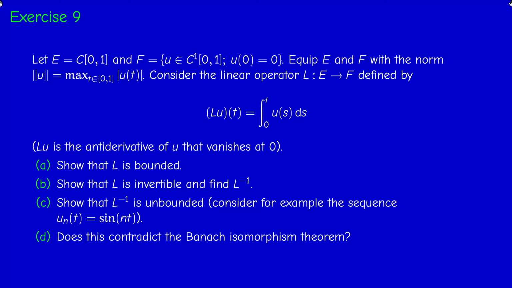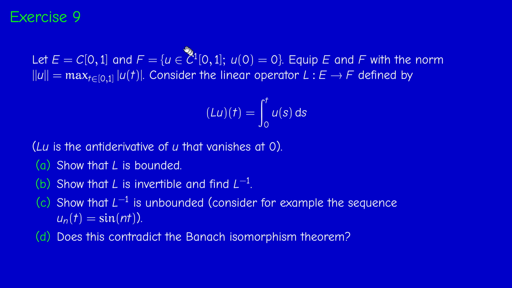Second exercise, exercise 9, is a little bit easier and more concrete. Here we take specific normed spaces. We take the space of all continuous functions from 0, 1 to R, denoted by E, and I equip it with the supremum norm, or the maximum norm, or the norm of uniform convergence, same thing.